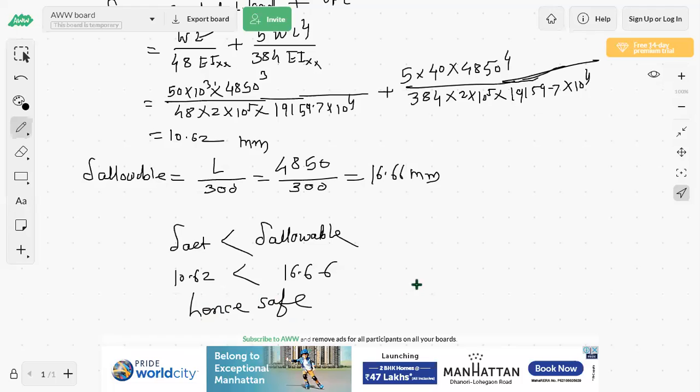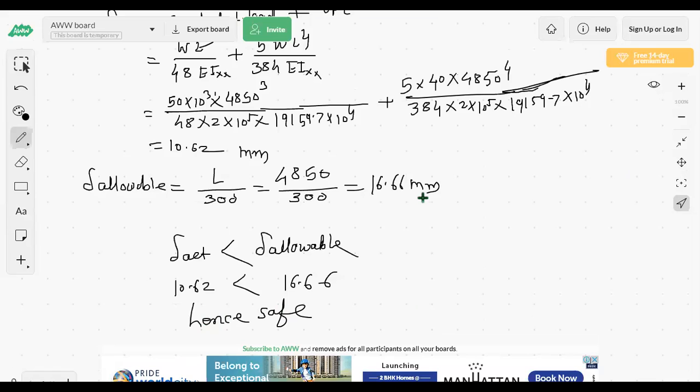In deflection our beam comes out safe. OK, correct. So in this way we have to solve this laterally unsupported beam example.